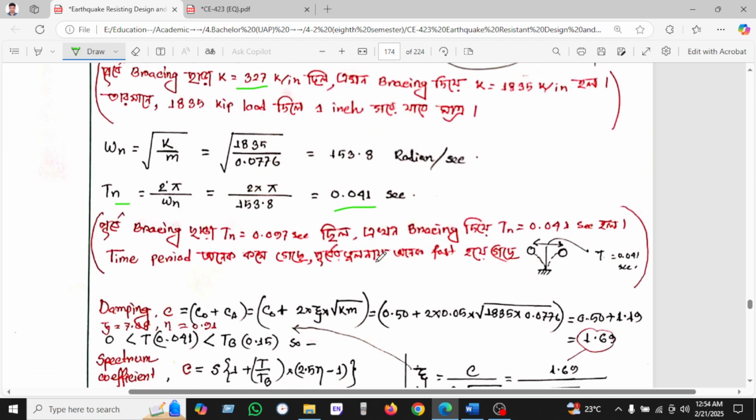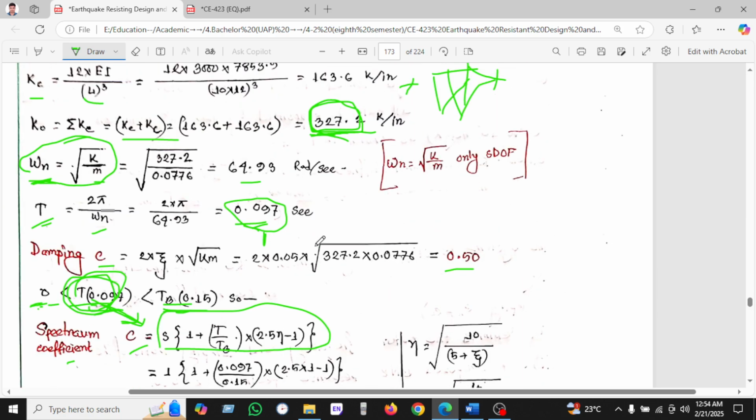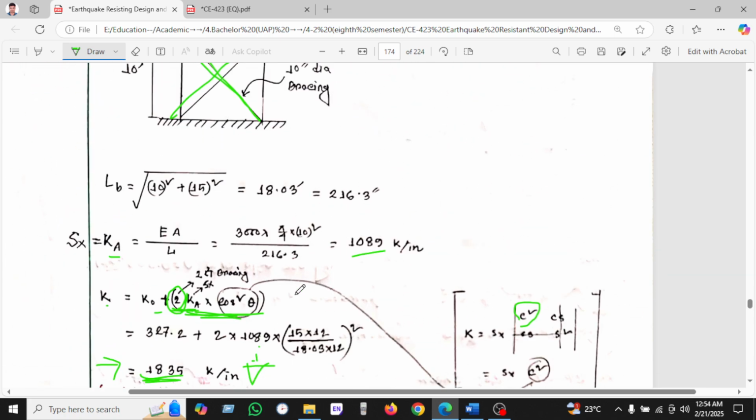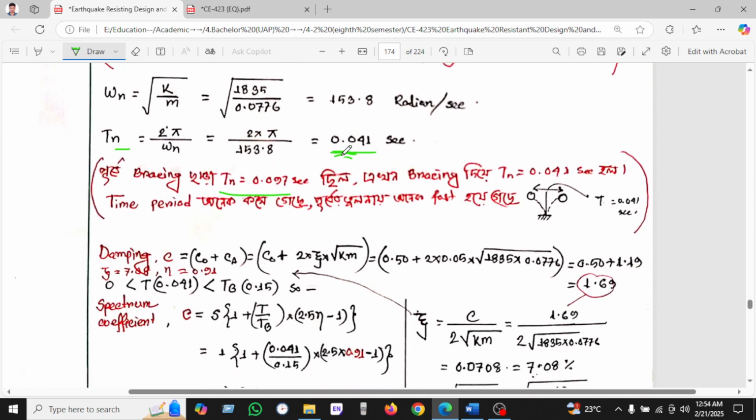Previously, without bracing, the time period was 0.07, but when we insert the bracing, the time period is 0.04. So you can see the time period is reduced. When we use the bracing, the time period also reduces.